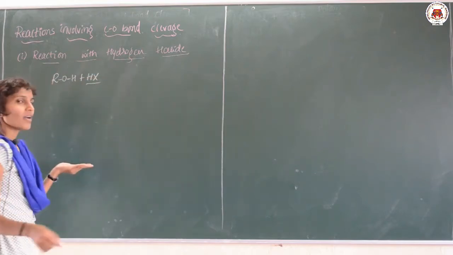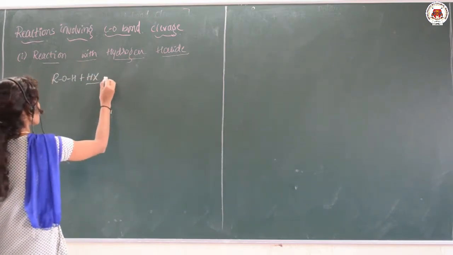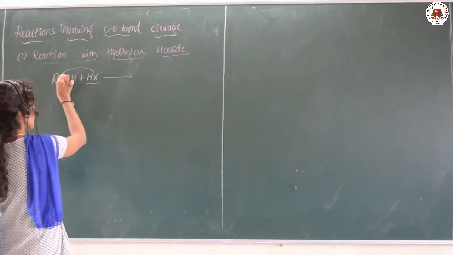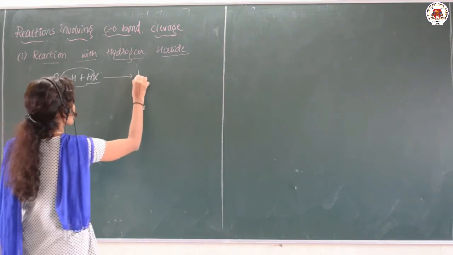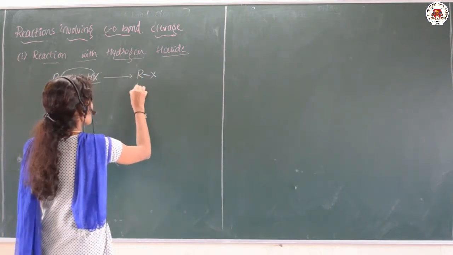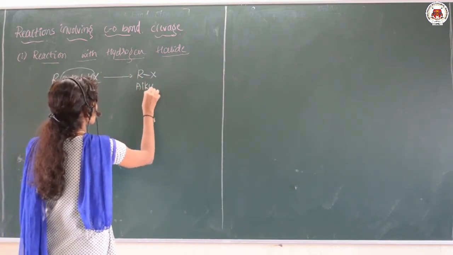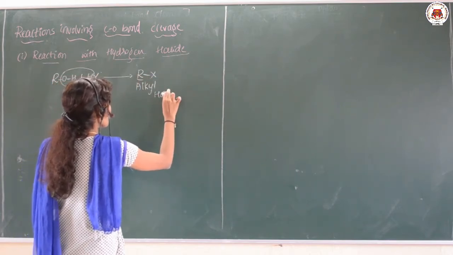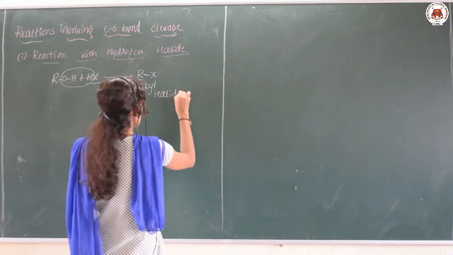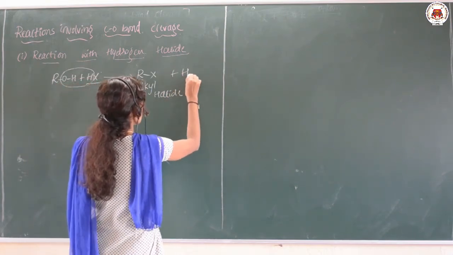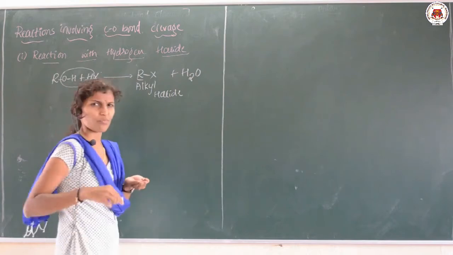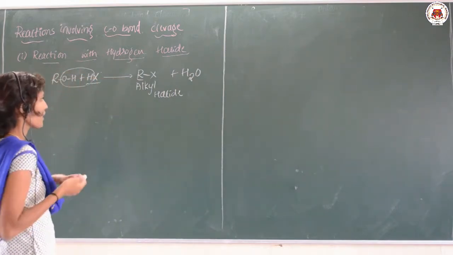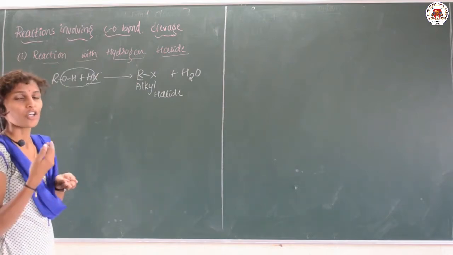HX is nothing but hydrogen halide. So what happens? Simple. This will be H plus X minus, H2O is removed, RX, alkyl halide is formed along with the release of H2O. Whenever alcohol is treated with hydrogen halide, there is a formation of the alkyl halide with the removal of water.